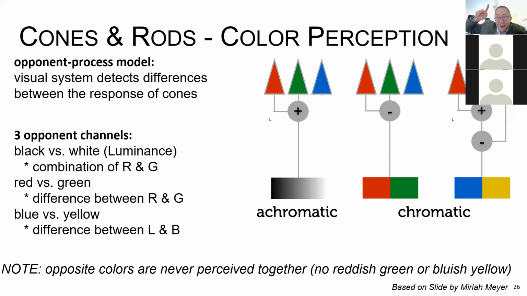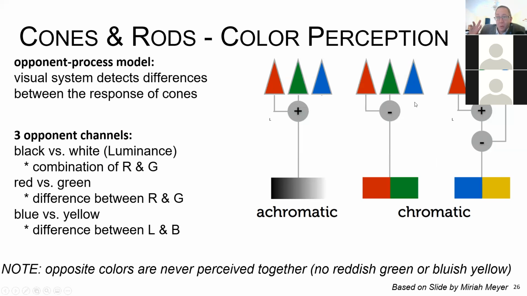So if my red cones are going off but my green cones are not going off, I see red. If the green cones are going off but the red cones are not going off, I see green. If they both go off, I see yellow. And if all of them go off, I start seeing white.